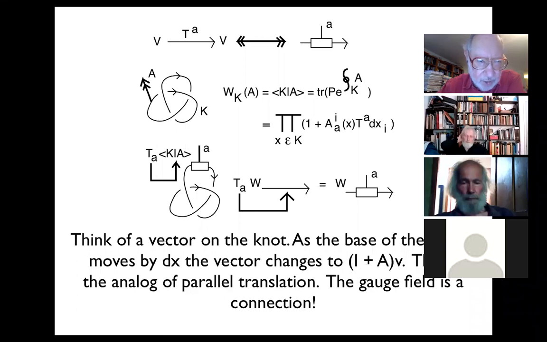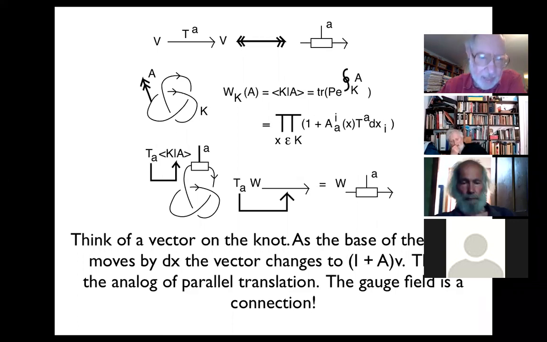If you push the knot, or if you push a vector, parallel translate it around the knot, what will that do? I've written this symbolic expression, trace of path ordered, and so on. But what I've written below it is a concrete evocation of parallel translating around the knot. Because what I've indicated here is a product over all the points along the knot.